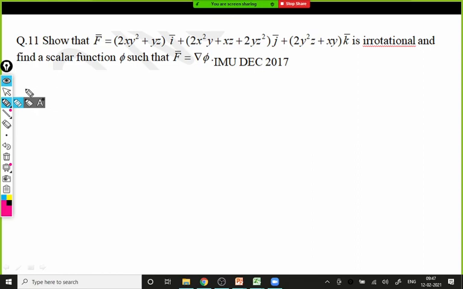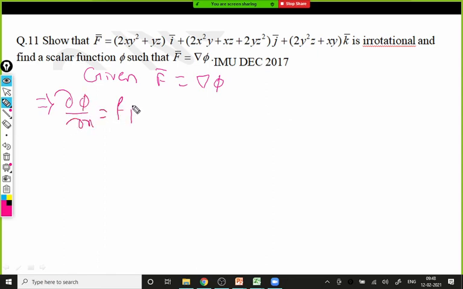To do it by method 2, we start with given f bar equal to del phi. So this gives us dou phi by dou x equal to F1, dou phi by dou y equal to F2, and dou phi by dou z equal to F3.